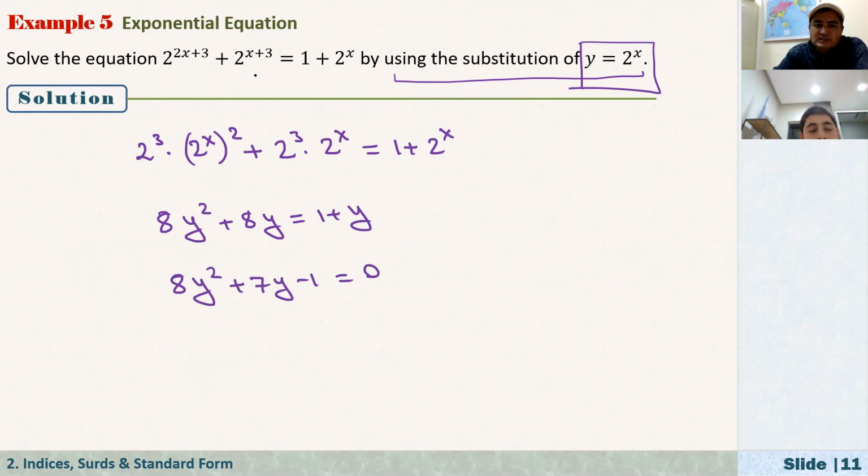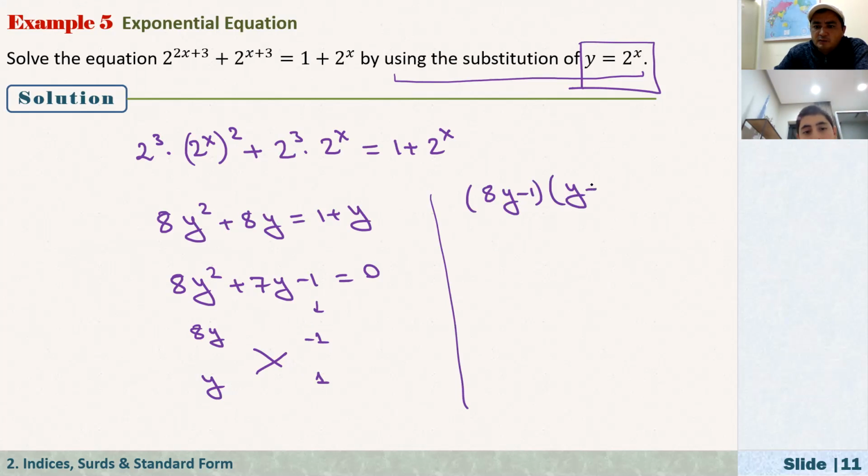So to solve this exponential equation, now we have to solve this quadratic equation. Can we just solve this by factorization? I think so. This one is 8y times y, and this one is negative 1 times 1. If you cross multiply, 8y minus y is equal to this. So we can factorize it as 8y minus 1, and y plus 1 is equal to 0.